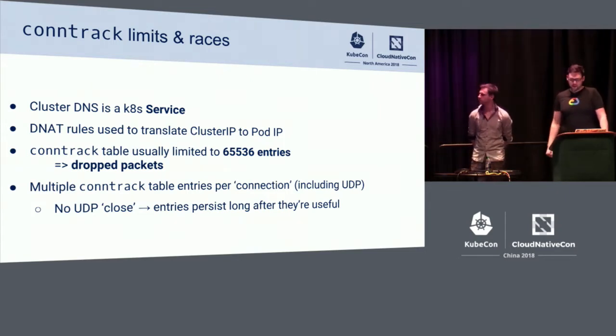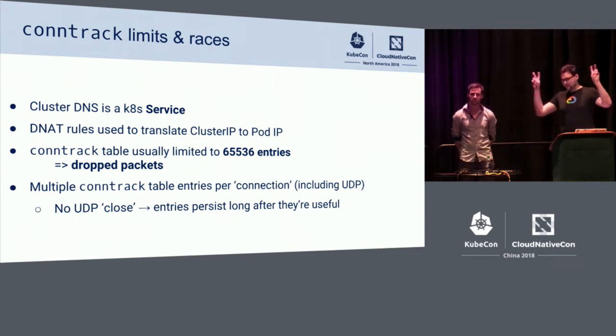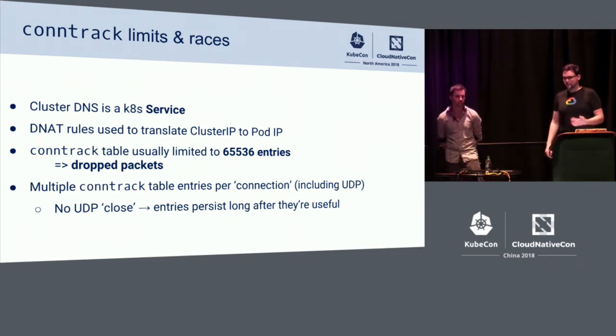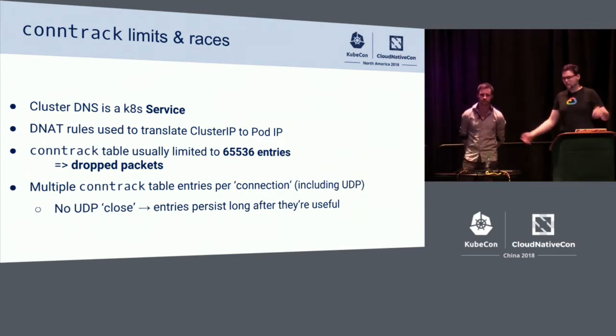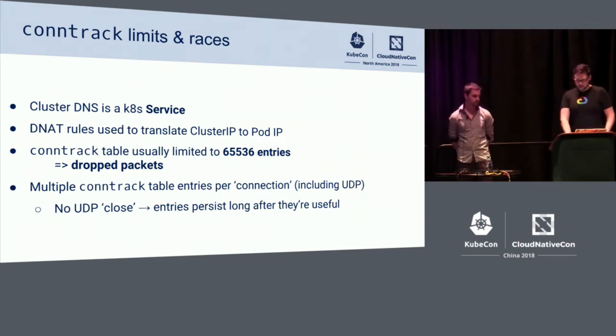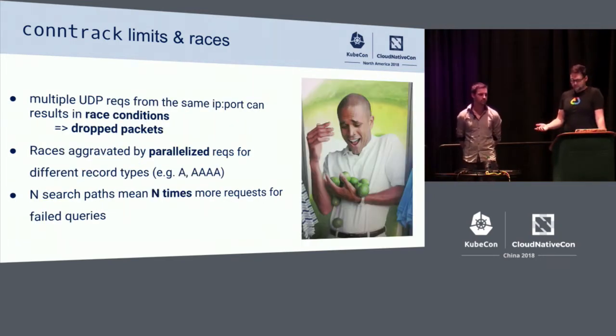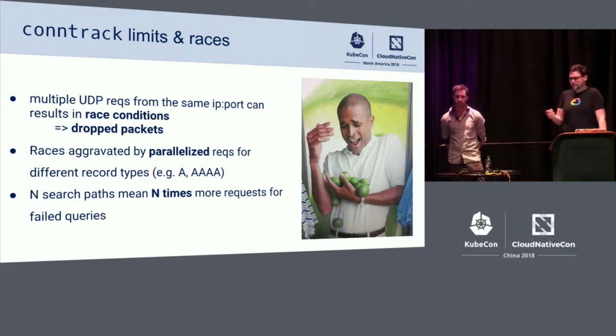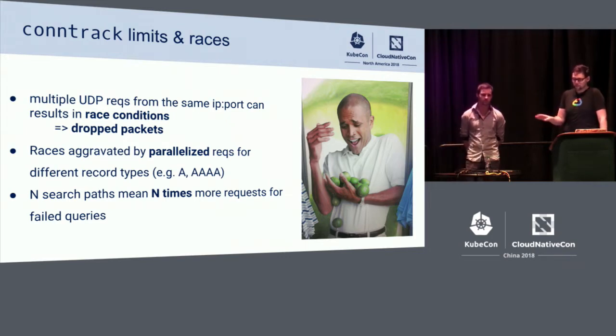Also, unlike TCP, UDP is connectionless and doesn't explicitly close a connection, which means that conntrack entries for UDP connections get persisted for way longer than they're normally useful. And furthermore, there are races in the kernel itself, in the code that generates these DNAT entries to route packets to and from individual pods in the service.